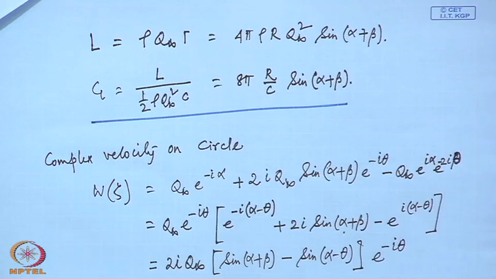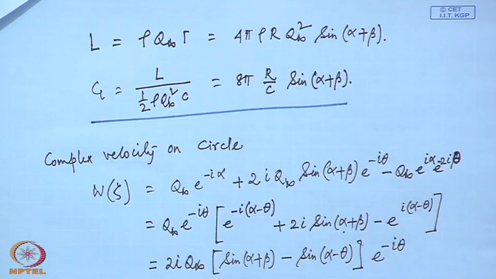So, this is now the velocity on the surface of the circular cylinder, which corresponds to the airfoil. Remember, you cannot use it if you are dealing only with a circular cylinder. These you can use only when you are dealing with an airfoil, that airfoil has been mapped to circular cylinder.